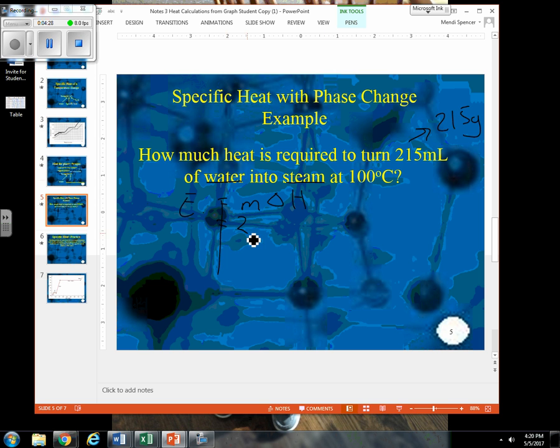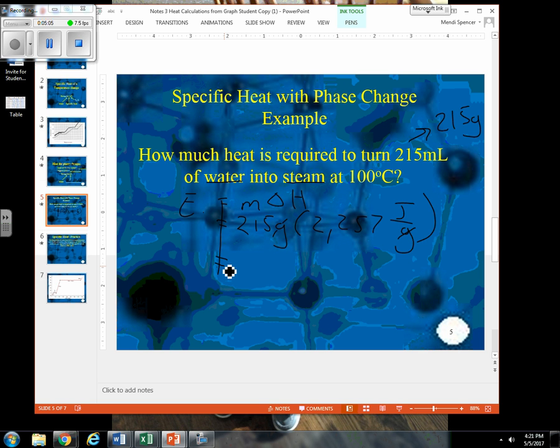We're going to plug in our 215 grams of water. And if you look on the previous slide, you will see that the heat value you need to plug in for delta H for vaporization is 2,257 joules per gram. Now, our gram values are going to cancel out, which will leave us our answer in joules, which makes sense because we are trying to figure out how much energy goes into making water change phases.